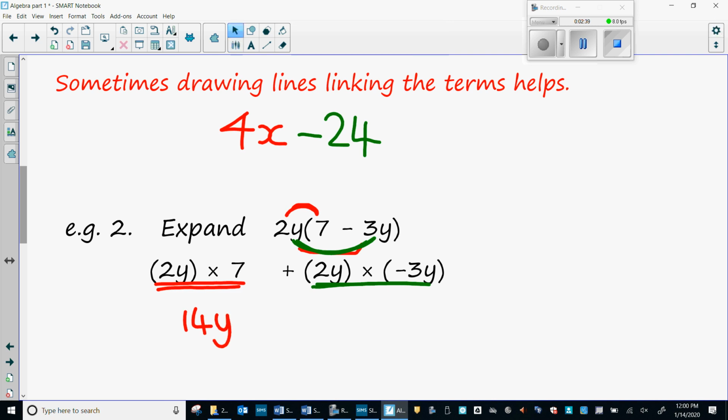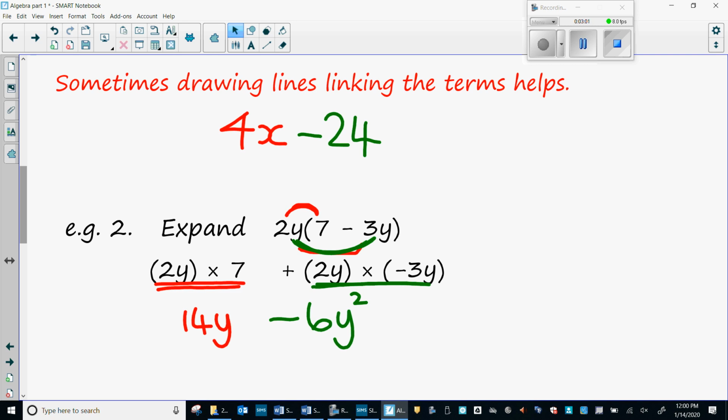And then we've got positive 2y multiplied by negative 3y. What's positive 2 multiplied by negative 3? Negative 6. And then y multiplied by y is y squared. So our final answer is 14y subtract 6y squared.